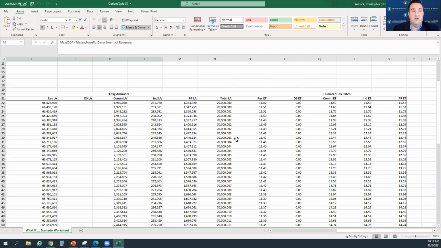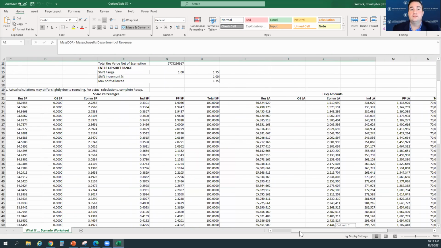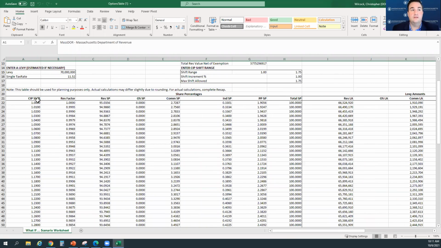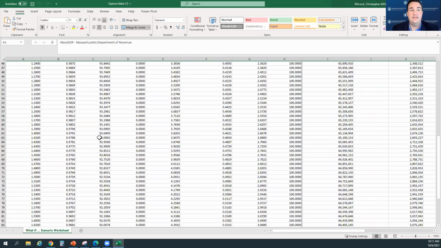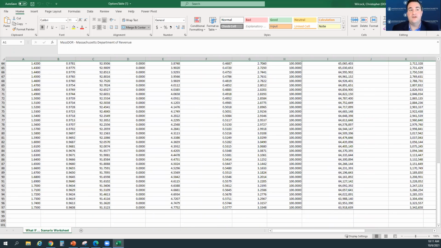So this starts all the way at a factor of 1, which would be up here. It also shows you all the different percentages, and it goes all the way down to a 1.75.